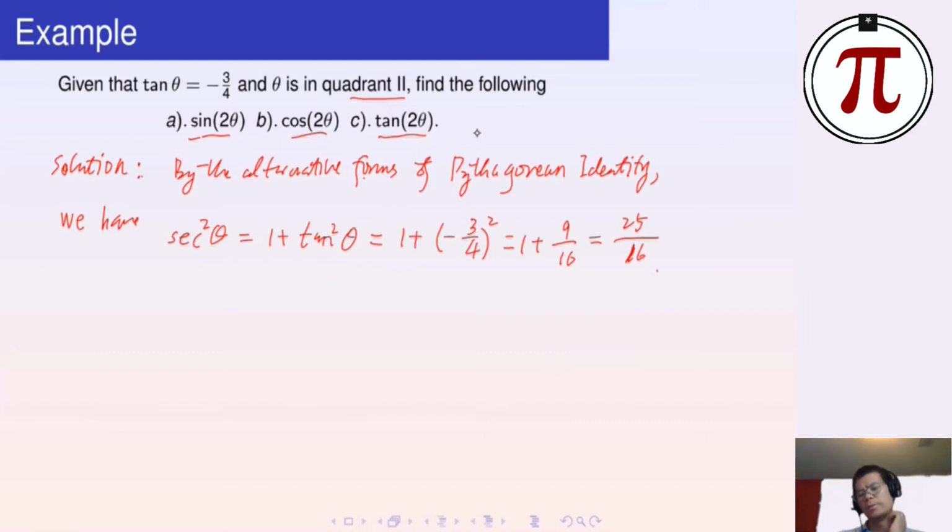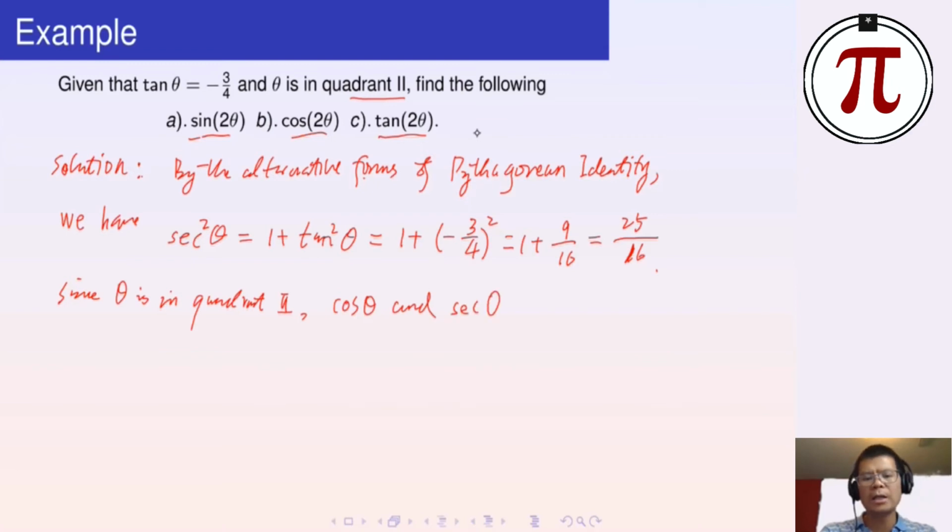Now, since theta is in quadrant 2, cosine theta and secant theta are negative, right? So one is cosine theta, the other is 1 over cosine theta. Since cosine theta is negative, secant theta is also negative.